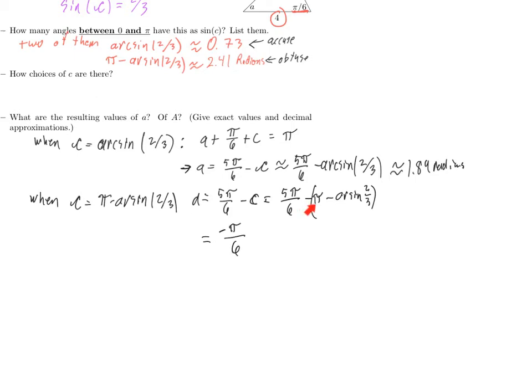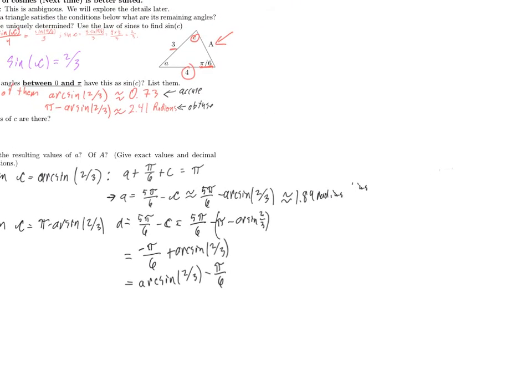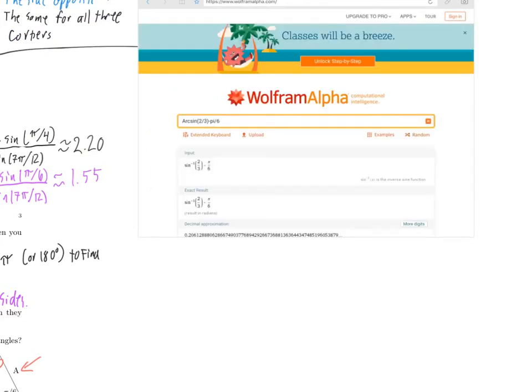Distribute this negative sign over those parentheses. You'll get a double negative there, which will become positive, plus arcsine of 2 over 3, maybe simplifying a little bit, arcsine 2 over 3 minus pi over 6. Let's see what that produces. Here we are. It looks like that angle is somewhere around 0.21 radians.